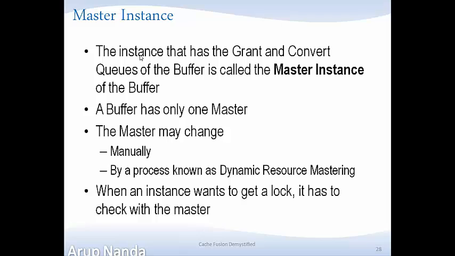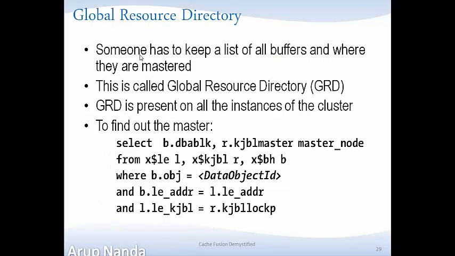It is possible 100 blocks will be mastered by instance 1, and the rest will be mastered by instance 2. So say for block number 1, instance 1 is the master. Anybody who wants a lock on block number 1 has to go to instance 1. Block number 2 could be mastered by instance 2, so anybody who wants a lock on block number 2 will go to instance 2, and so on and so forth.